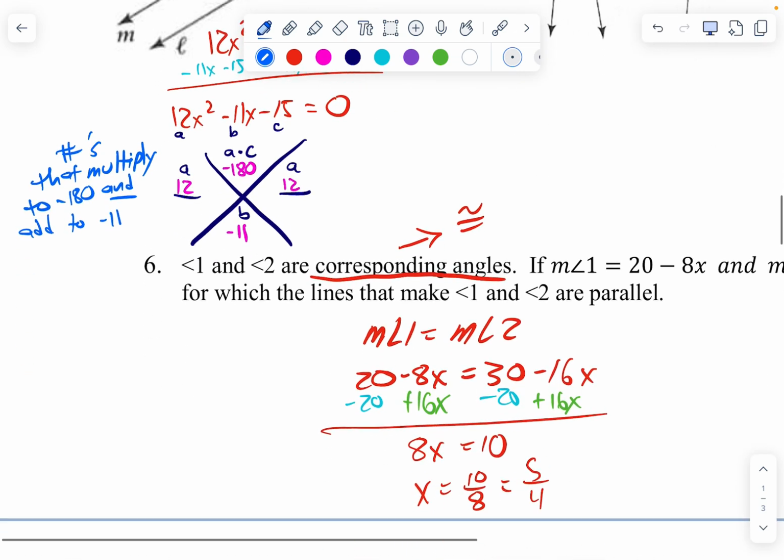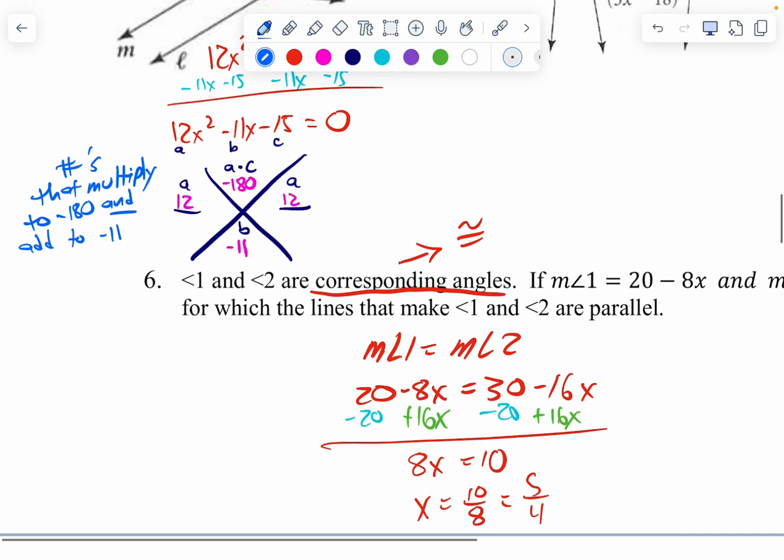Anything that does that comes to mind? Perfect. So negative 20 and positive 9. Those two multiply to make negative 180, but add up to negative 11. Awesome.